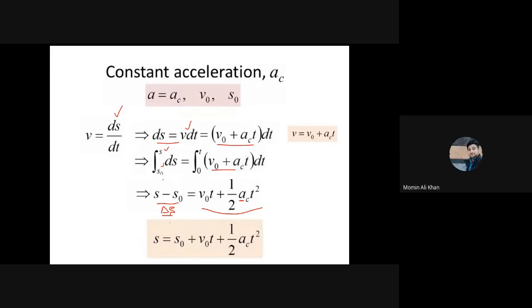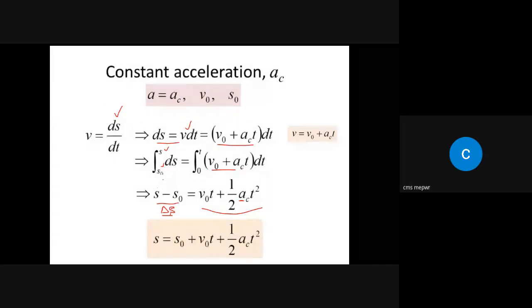Yes, sir. If you want to find the final position, move this term over here and we get S is equal to S naught plus v naught t plus half a t squared. This is the equation that we derived.